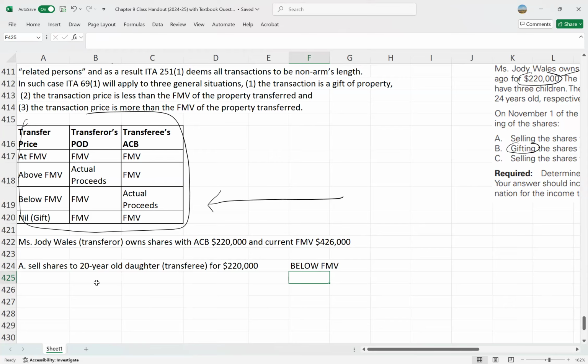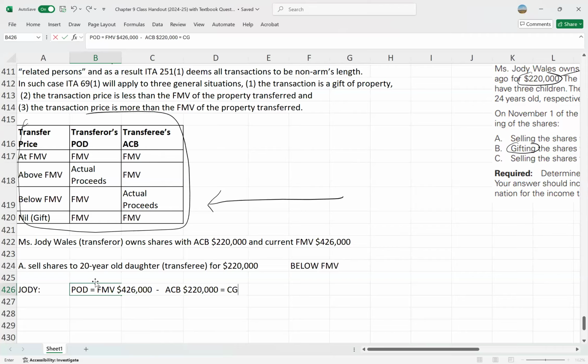For Jody, she's the transferor. She's going to have to use proceeds equal to fair market value of $426 minus the adjusted cost base of $220.